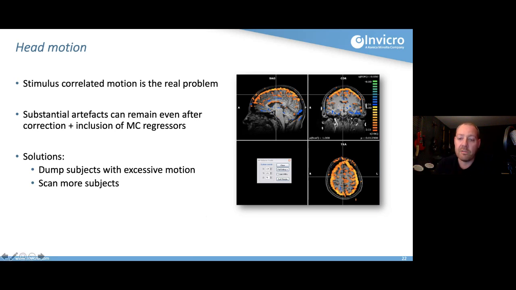So this is from a really old study that I did back when I used to use Brain Voyager, really old. And in this study, people were reaching and grasping objects that sat on a little table on their tummy in the scanner. So obviously when they were moving their hand, they were also moving their head a little bit, and that's why we got these really nasty looking movement artifacts in this study.